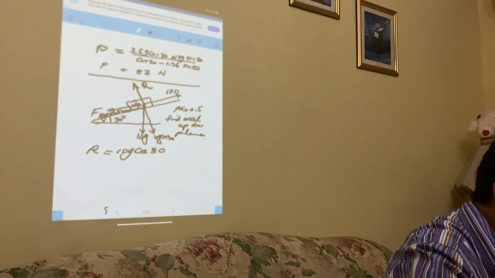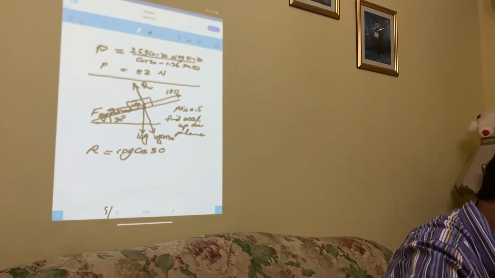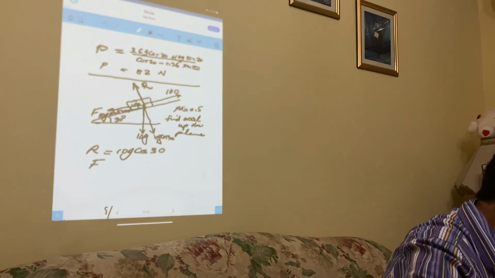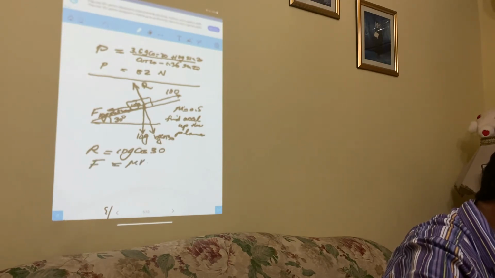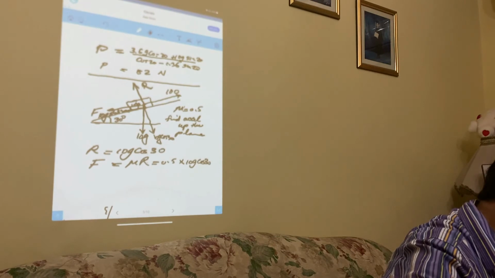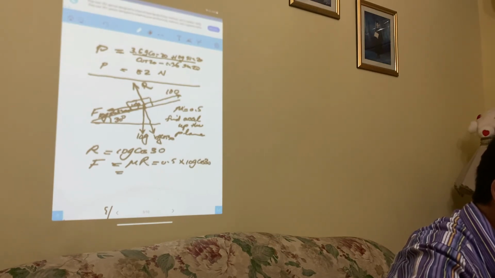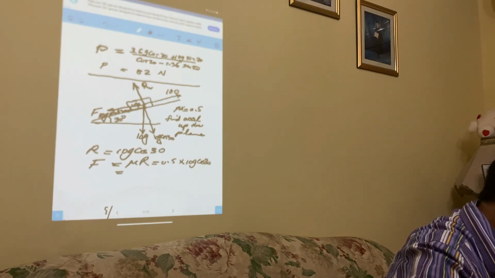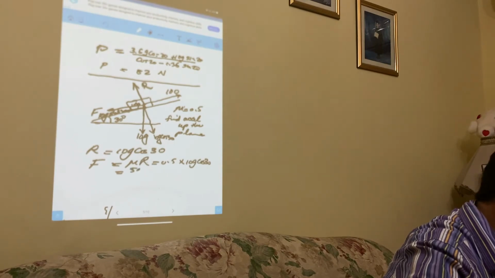We are given the coefficient of friction, so F equals mu R, so 0.5 times 10g cosine 30 equals 5g cosine 30.